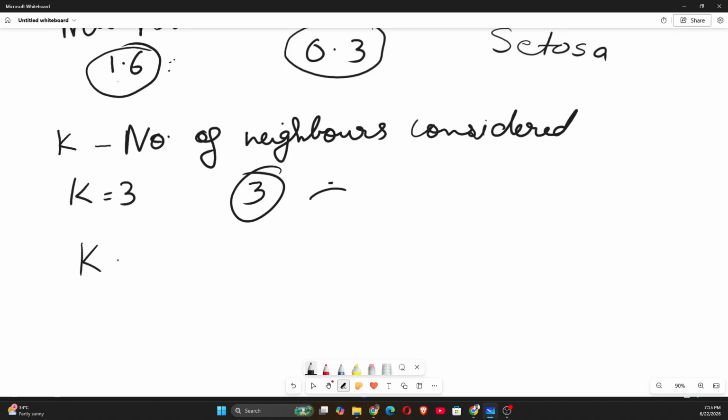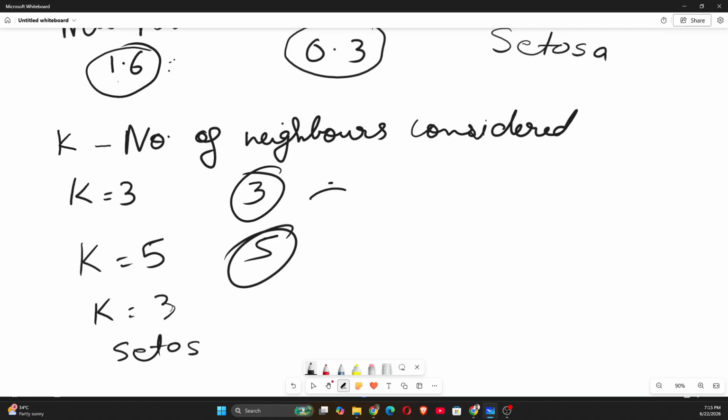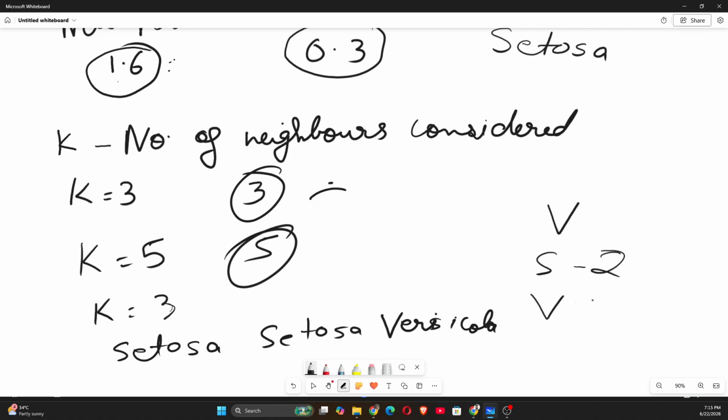If it would be k equal to 5, then you will be taking the nearest 5 values. So for example, k equal to 3: Setosa, Setosa and Versicolor. Now voting will be done. How many Setosas are there? 2. Versicolor 1. What does that mean? The prediction would be Setosa, with 2 votes.